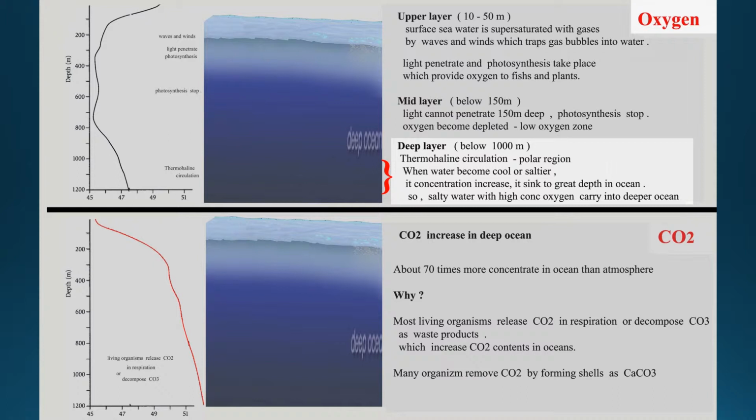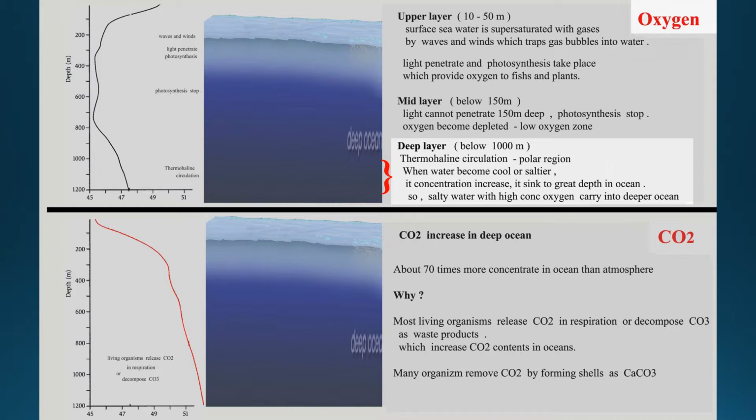This applies to the deeper zone, except in the polar regions, not on the whole ocean. In the polar regions, you have a special phenomenon. You find that in the deepest ocean, suddenly you have more oxygen. This strange effect is called the thermohaline circulation.